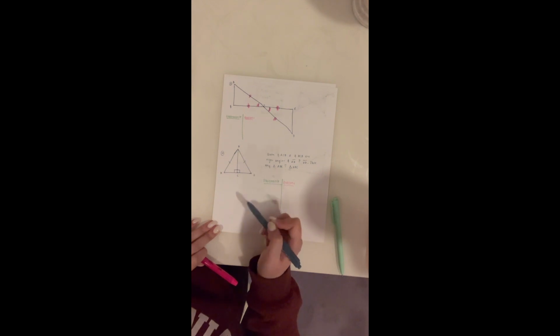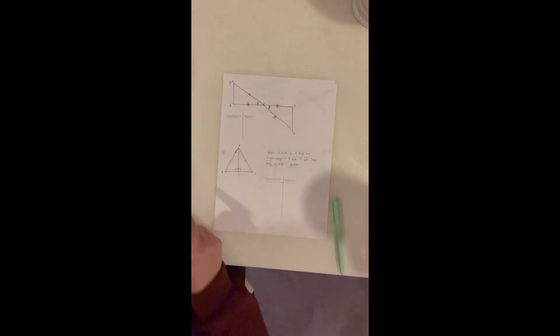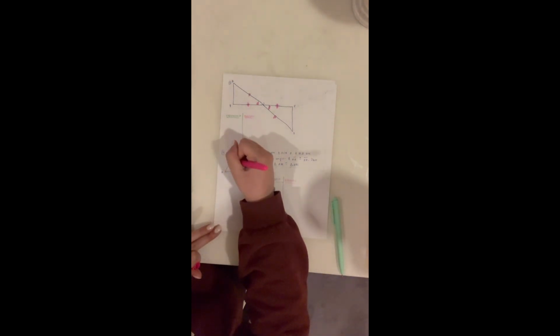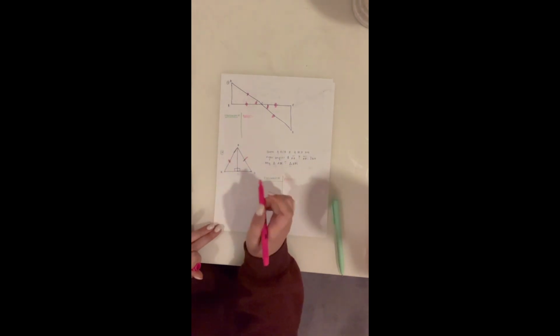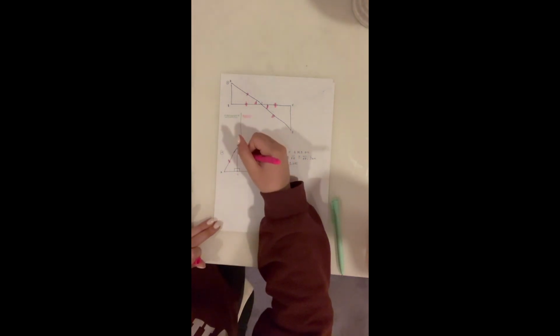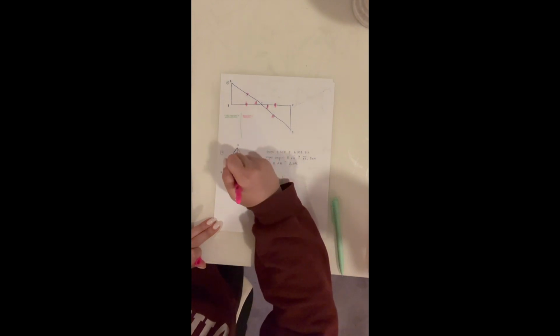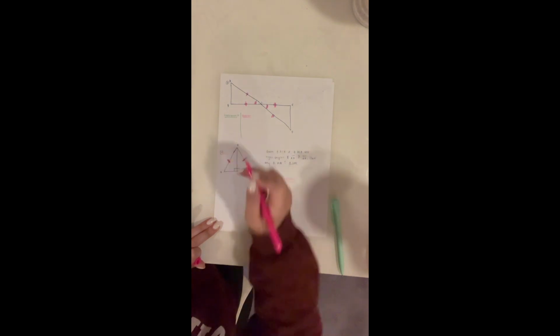So if you look at this triangle over here, they're saying that this line segment is congruent to this line segment, and these are both hypotenuse. And the reason why is because these are both right angles. So any leg that is directly across from the right angle is going to be the hypotenuse of the right triangle.